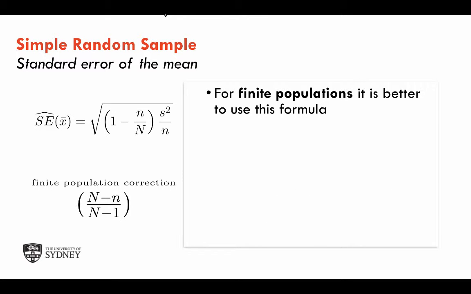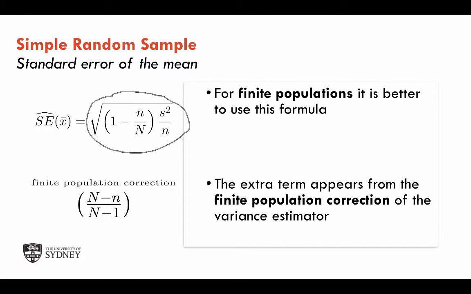For finite populations, it's better to use this formula. The extra term in the standard error appears from the finite population correction of the variance estimator. Although this is not part of the unit syllabus, if you're interested in the derivation of this finite population correction, you can follow the link to a video where I give you the mathematical details.